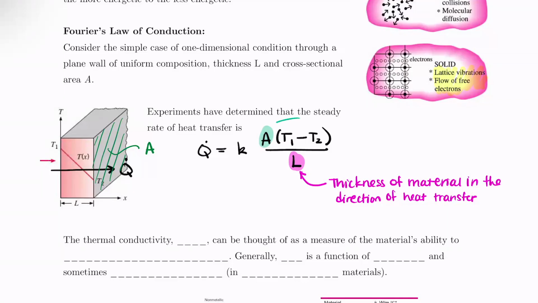So this is perpendicular to the direction of heat transfer. So this is our area through which heat transfer occurs, and this is perpendicular to Q dot.